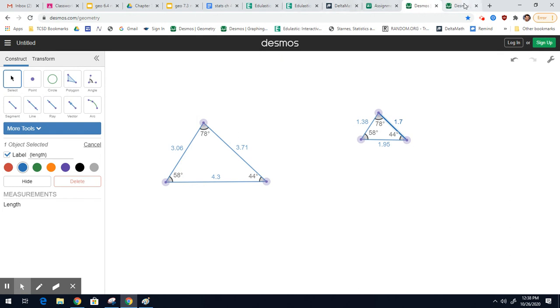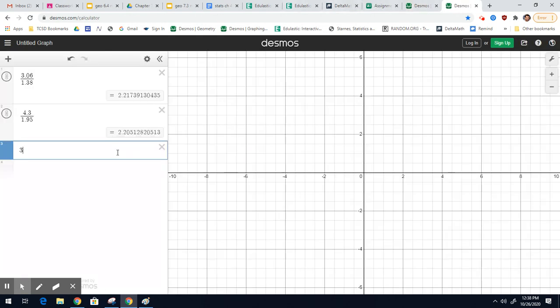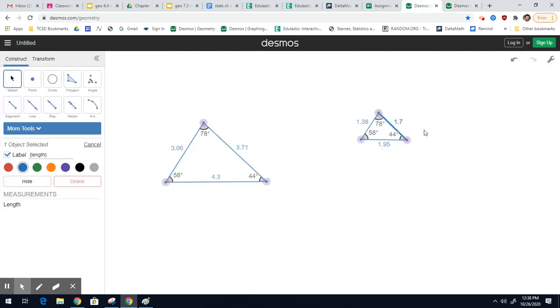So let's do 3.71 divided by 1.7. And look at that, 2.18. These three ratios are roughly all the same. Again, we're limited to Desmos geometry. So I just created two similar triangles, and all I started with was the 58-degree angle and the 78-degree angle. So you should believe that angle, angle is enough to know that two triangles will be similar.